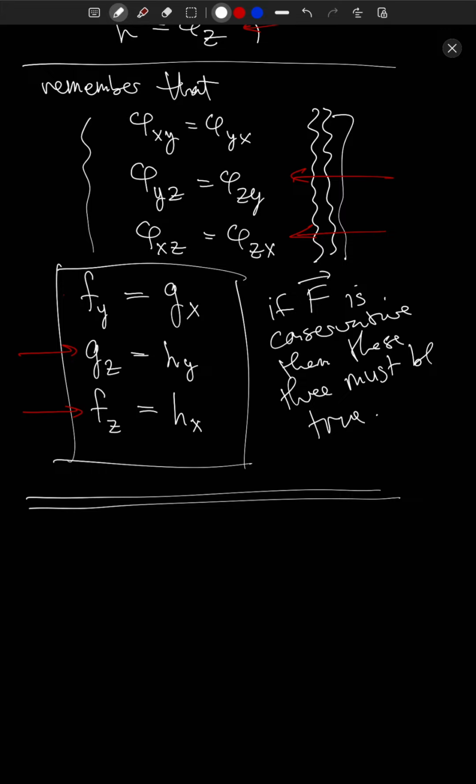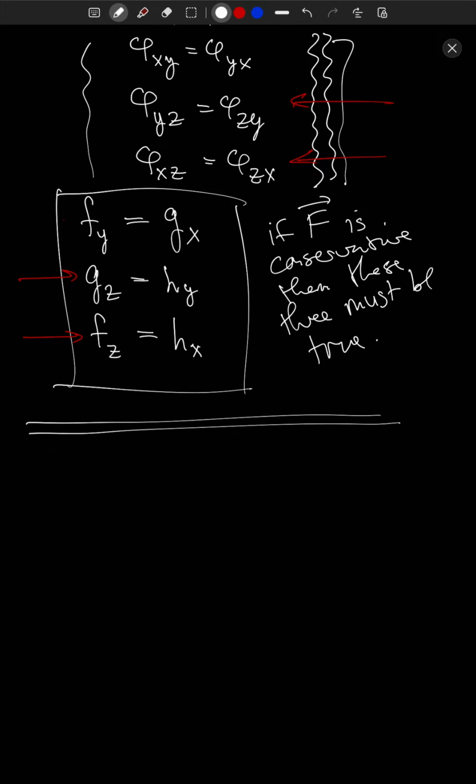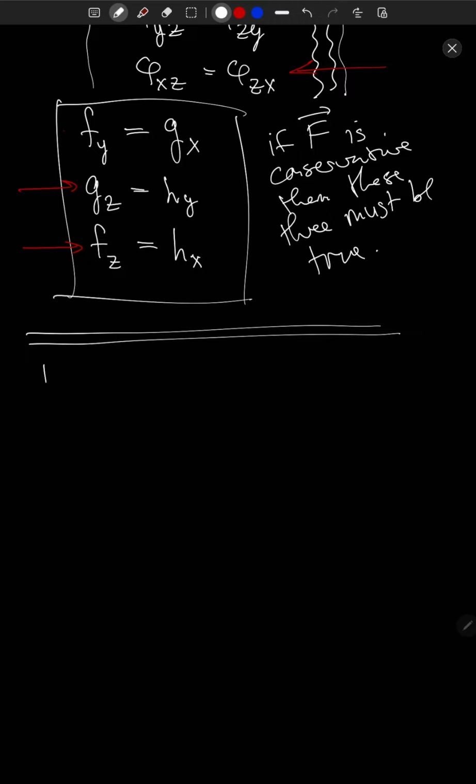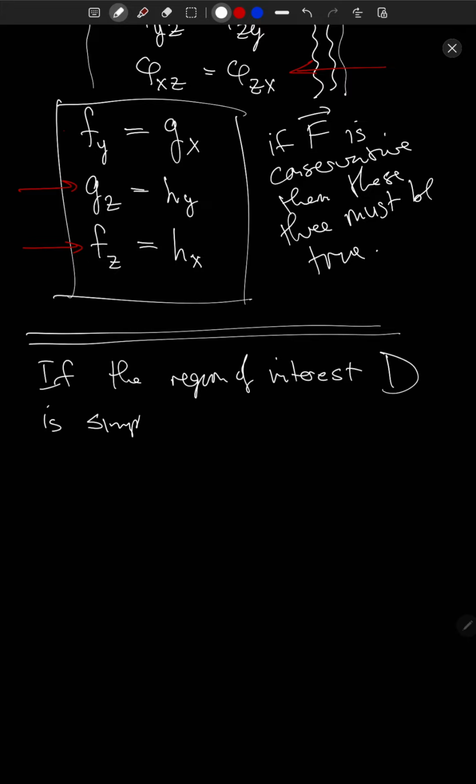As it turns out, if you're simply connected, in other words, if we're looking at a vector field f just on a domain or region D, and D is simply connected, then the reverse is true as well. Okay, this is very critical.